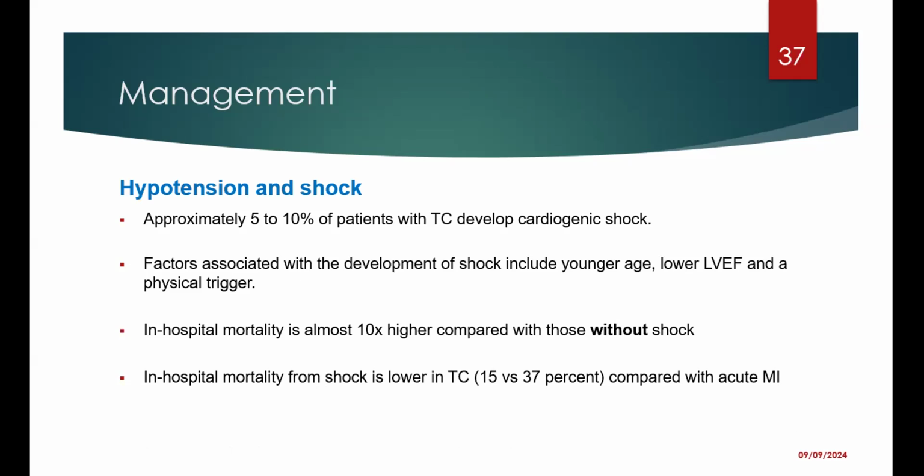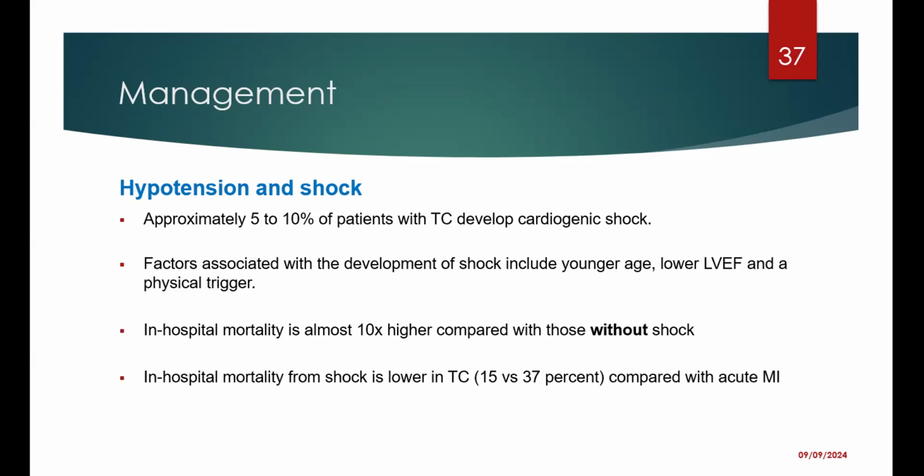So for those who present with hypotension and shock, it's been found that approximately 5 to 10% of patients with Takotsubo may develop cardiogenic shock. And factors that are associated with the development of shock include young age, those who present with low ejection fraction, and also those who had physical triggers.